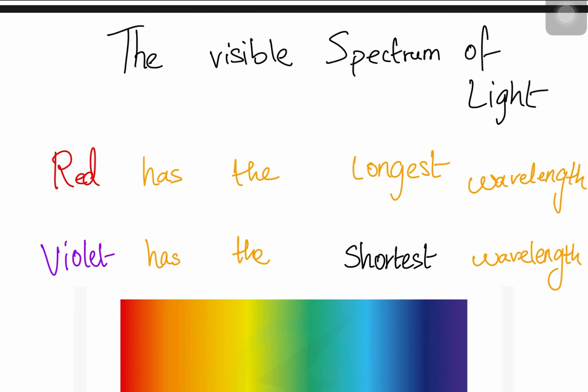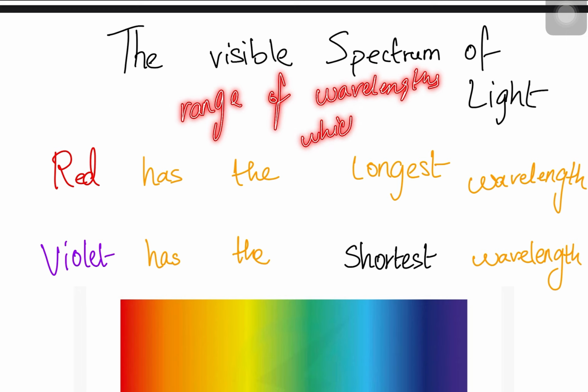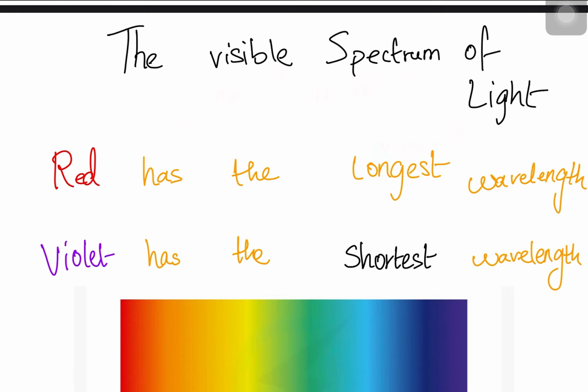It is defined as the range of wavelengths which are visible to humans. Visible light is only the part of the spectrum which is detectable by the human eye. It takes up only 0.0035% of the whole electromagnetic spectrum.